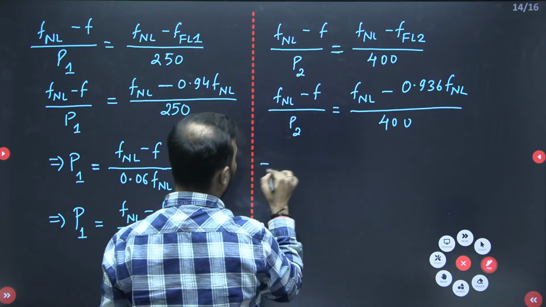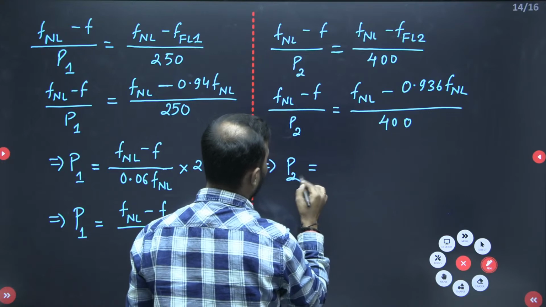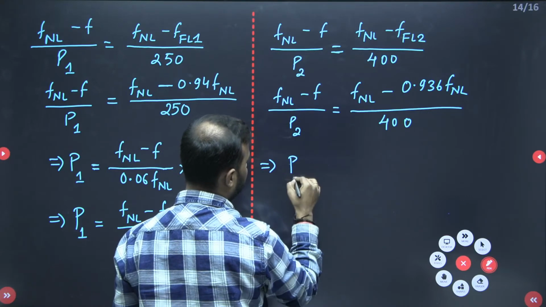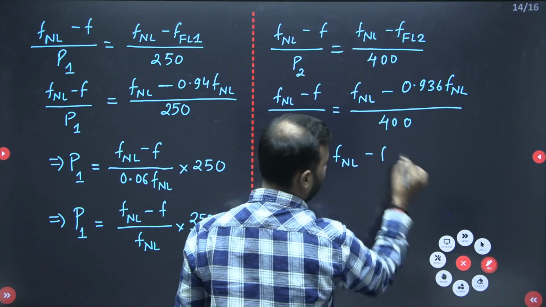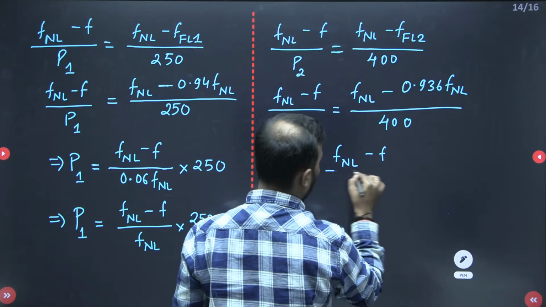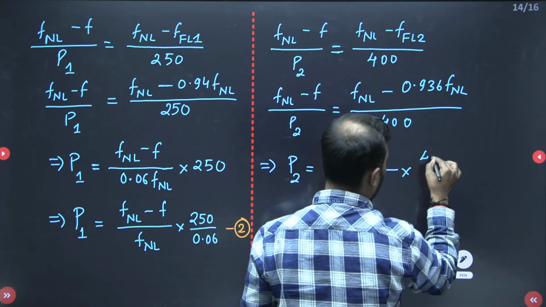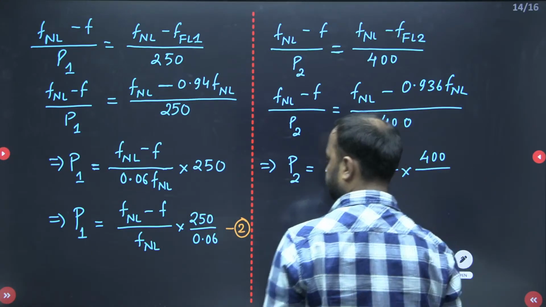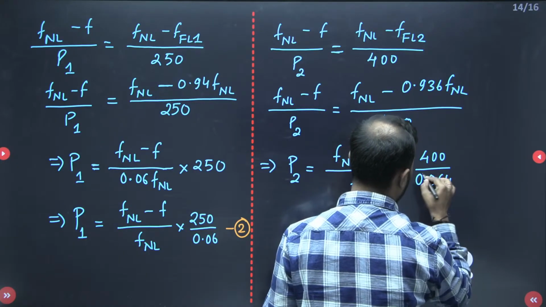So, from here I am going to get the P2 expression as (F no load minus F) whole divided by F no load, into 400 divided by 0.064.